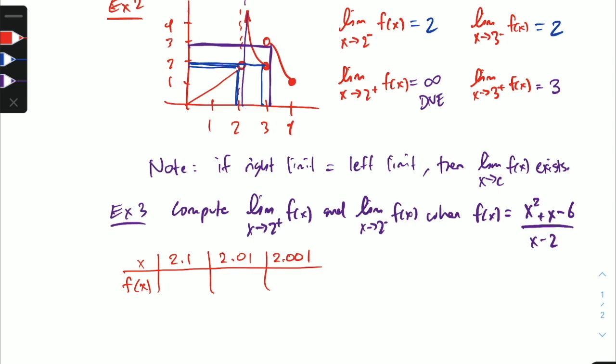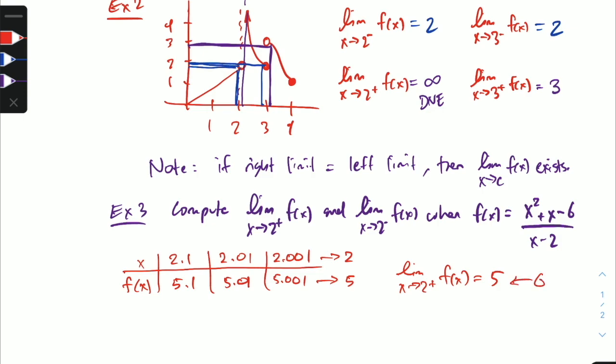So if you put 2.1 into x squared plus x minus 6 over x minus 2, you'll get out 5.1. If you put 2.01 in, you'll get 5.01. And if you put 2.001, you'll get 5.001. So you can see that as we're approaching 2 from above, the outputs are approaching 5.